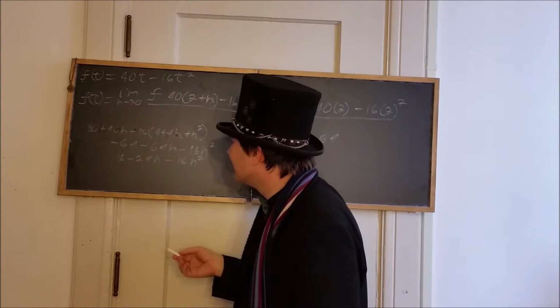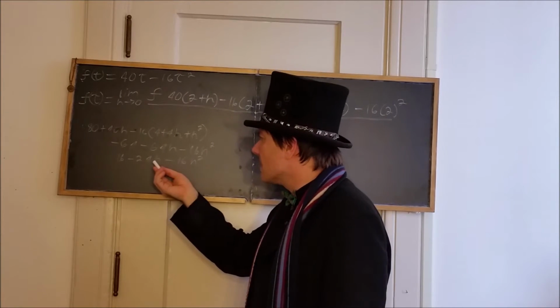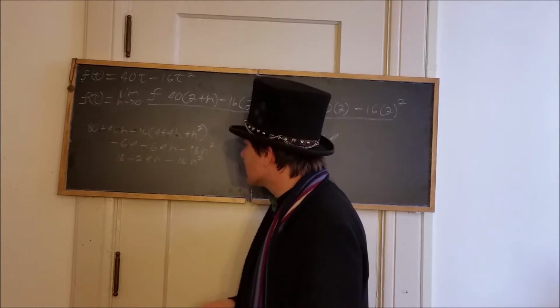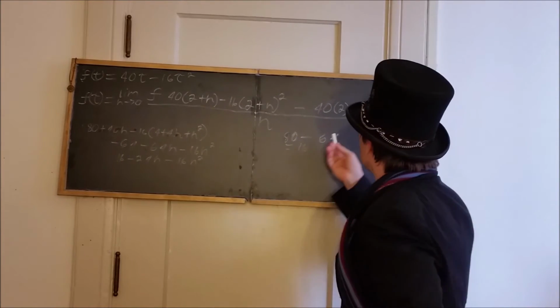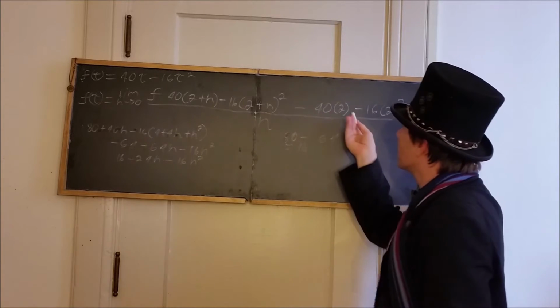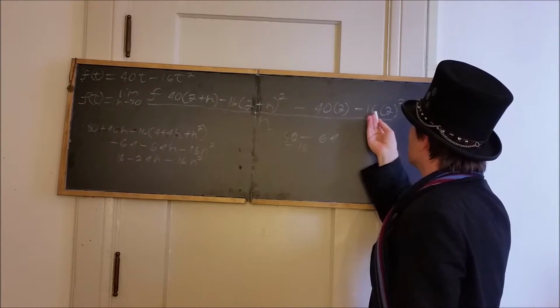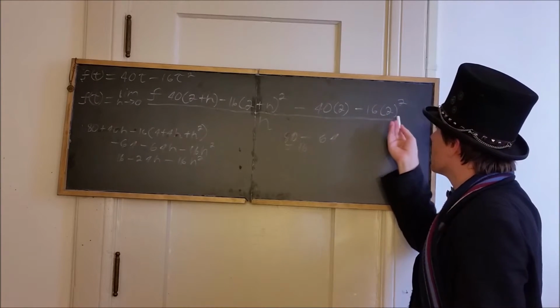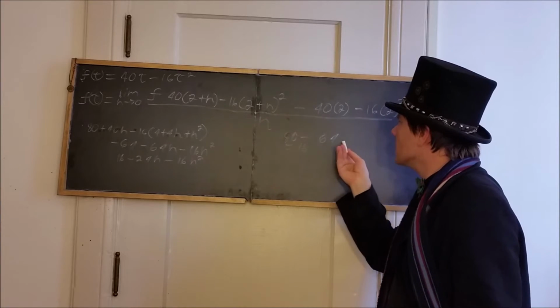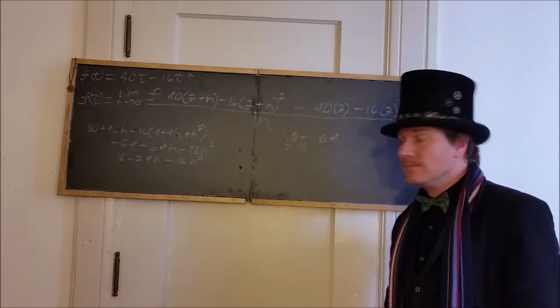And then you can do some more canceling out, and we get 16 minus 24h minus 16h squared. And over here, it's a lot simpler. All we had to do was do 40 times 2, which is 80, and 16 times 4, 2 squared is 4, so 16 times 4 equals 64, and 80 minus 64 equals 16.